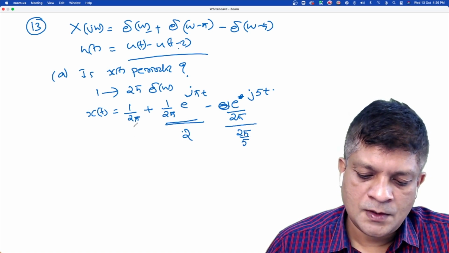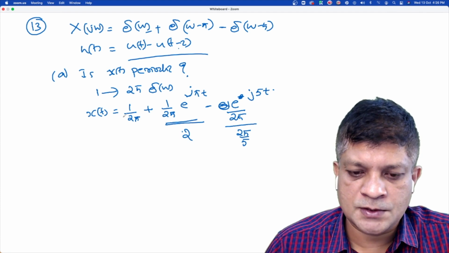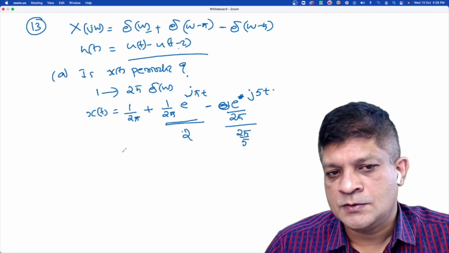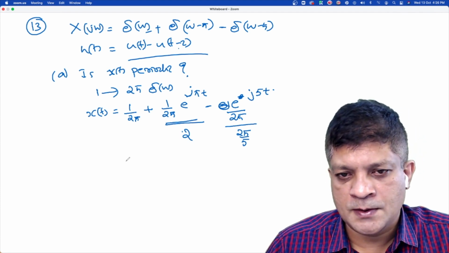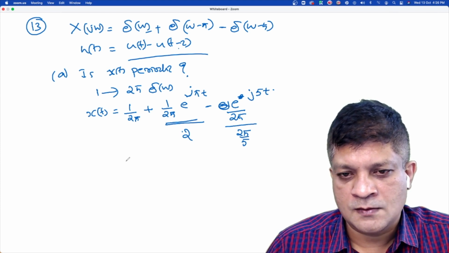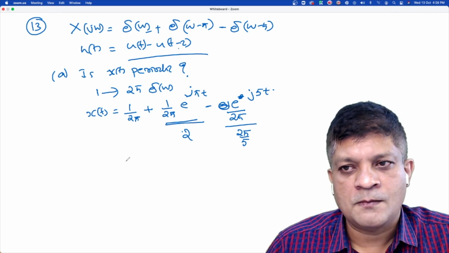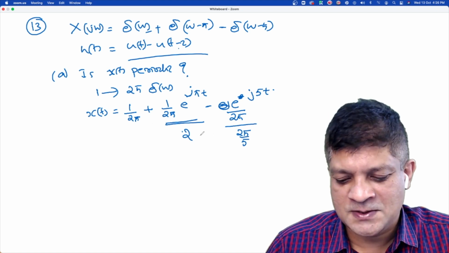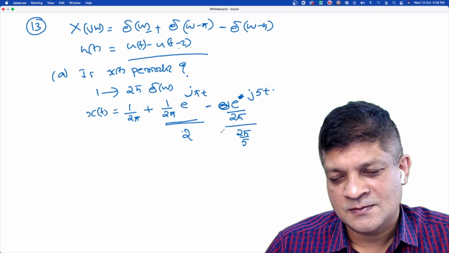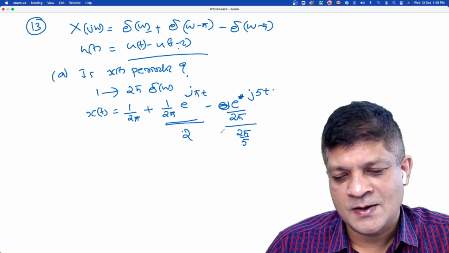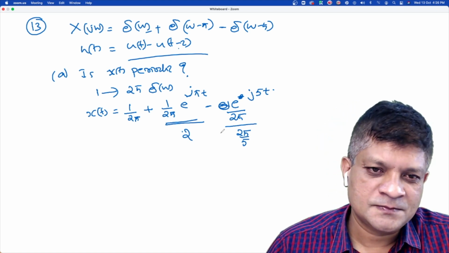And this is a constant signal, 1 by 2 pi. So what is the period? What is the LCM of these two? It is not a periodic signal.